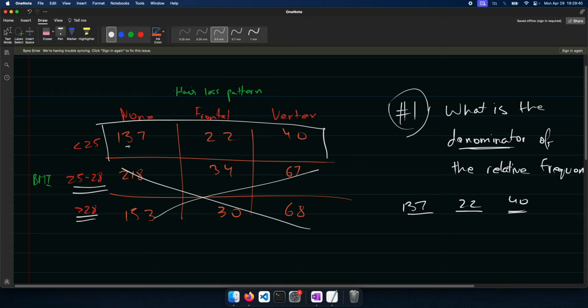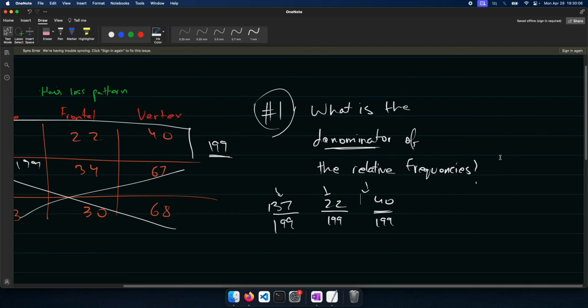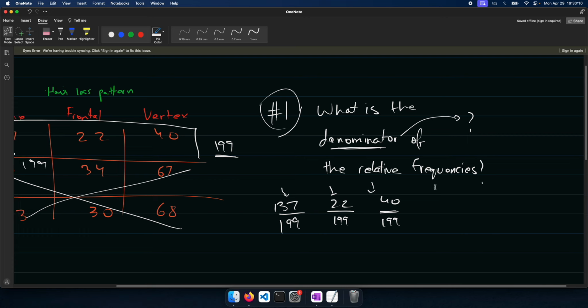So 137 plus 22 plus 40 gives you 199. That tells you that there are 199 total people who are under the age of 25. And then you can figure out your 3 proportions, 1, 2, 3. So that is the biggest tip of this chapter: what is the denominator. If you can figure that out, you should get most of the rest.